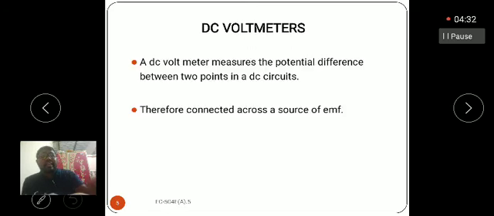A DC voltmeter measures the potential difference between 2 points in a DC circuit. That is its main function.